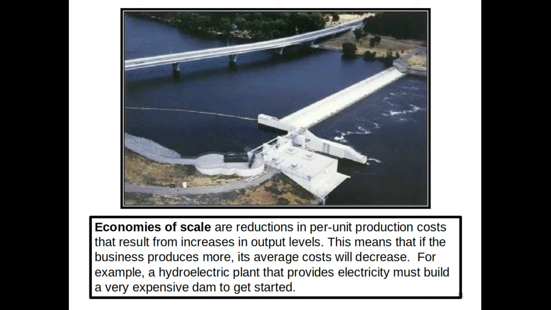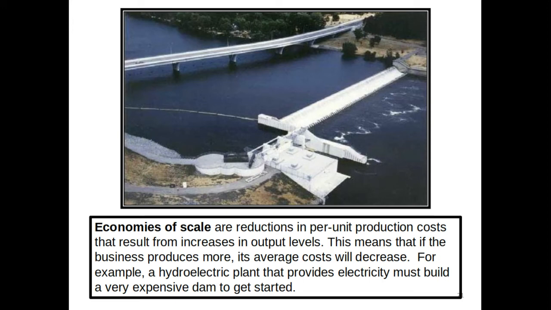All of that money spent means the very first unit of electricity that gets pushed out costs, let's just say a hydroelectric dam costs $1 billion. That first unit of electricity costs $1 billion to produce.